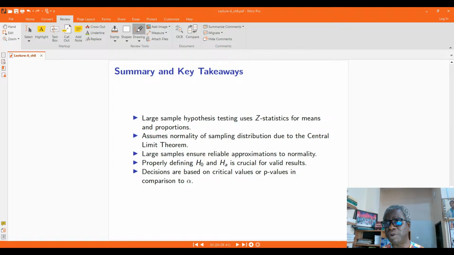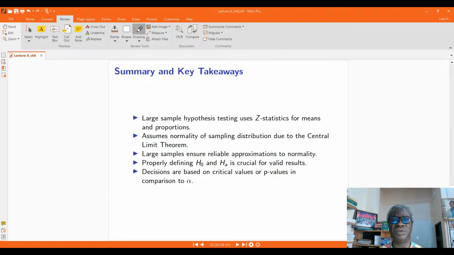You use the proportion when you are dealing with qualitative measures, which is based on looking for units with certain attributes. So when you get the attributes, then you regard that as a success.